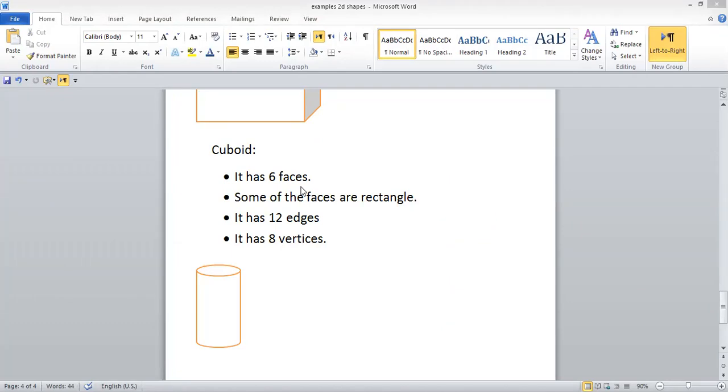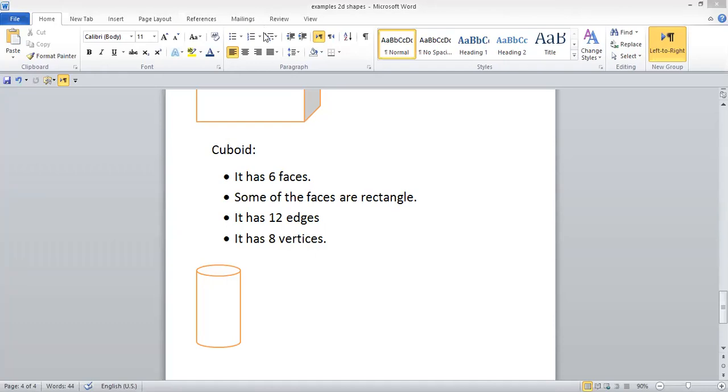And how many faces of the cylinder are curved? One. Very good. And how many circular edges are there in a cylinder? Two. Very good. There are two circular edges. Very good, guys.